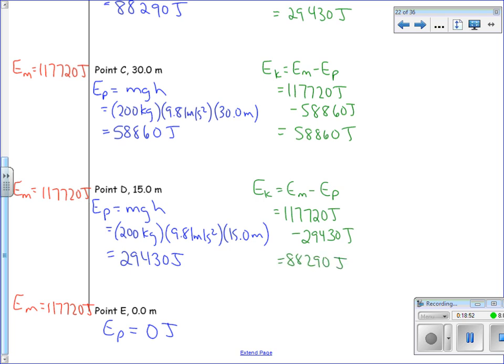And you should be noticing there's kind of a symmetry to this, right? Like there's the potential at 45 and the kinetic at 15 are the same values, and then vice versa. And on the bottom, kinetic energy is mechanical minus potential, potential 0, so kinetic is just 117,720 joules.